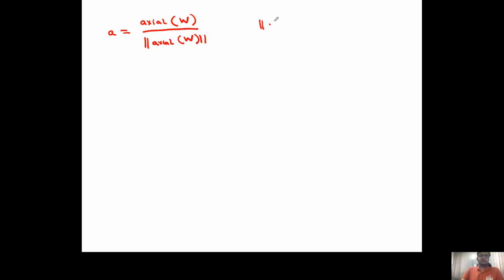This is the magnitude of a vector. If this is the magnitude of a vector, we can say that axial of W is a vector.